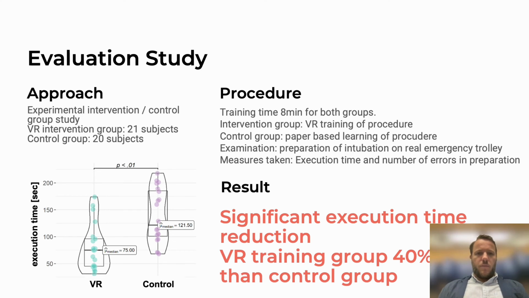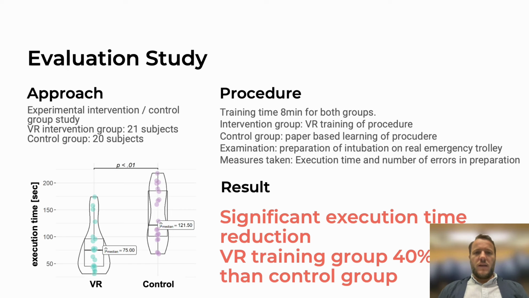In order to check if our extended reality training was effective, we designed an evaluation study with an experimental intervention and control group setting. We had overall 41 participants: 21 subjects got into the VR intervention group, whereas the control group consisted of 20 participants.